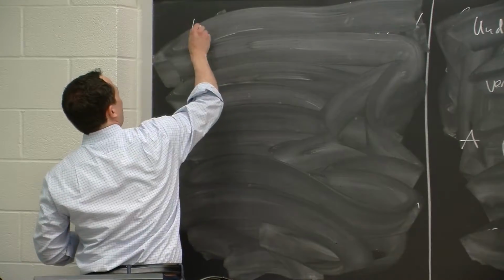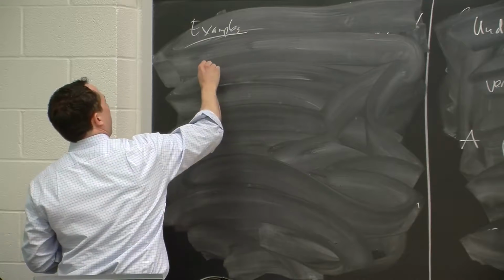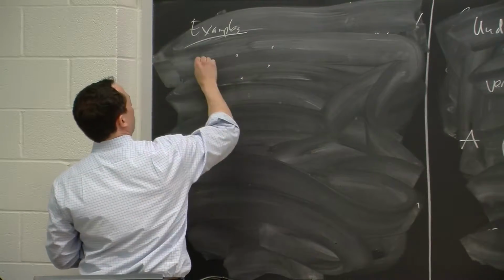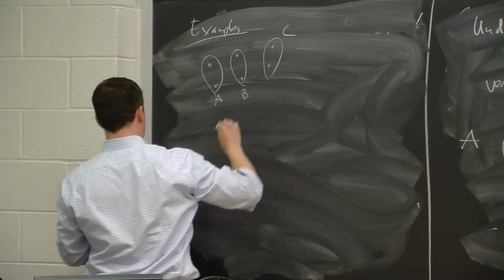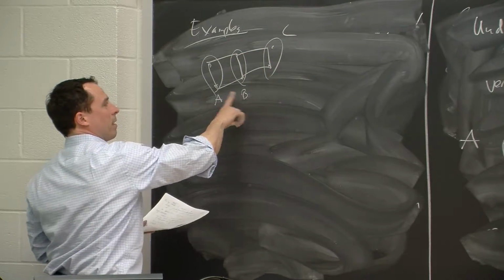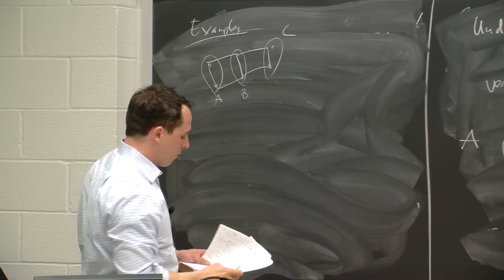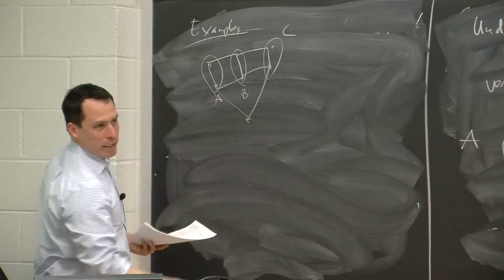Okay, so examples. So I could call this thing A, I could call this B, I could call this C, and I have this graph. So B separates A from C in this case. If I added another thing here, that would no longer be true.